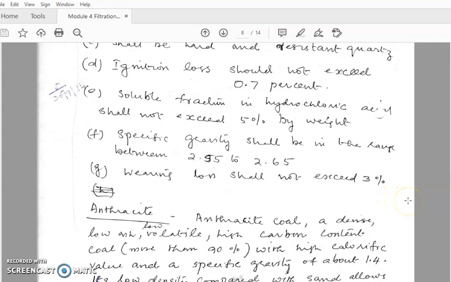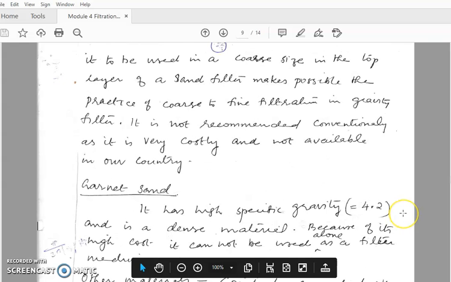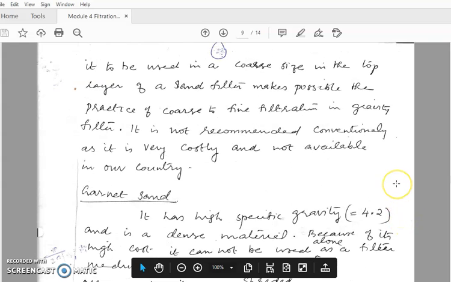So anthracite is a coal. Anthracite coal is a dense, low ash, low volatile, high carbon content coal with a high calorific value and a specific gravity of about 1.4.